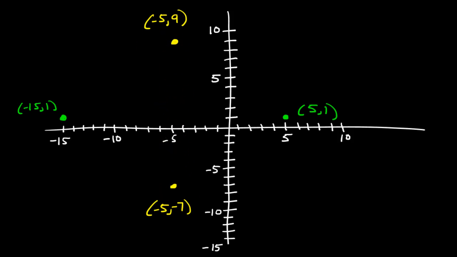Remember, this is the hyperbola. The center should be pretty easy to find. So it should be right in the middle of all four of these. So let's see. The x-coordinate of my center should be at -5, like the covertices. The y-coordinate should be at +1, like the foci. So -5, +1, here's the center right here.